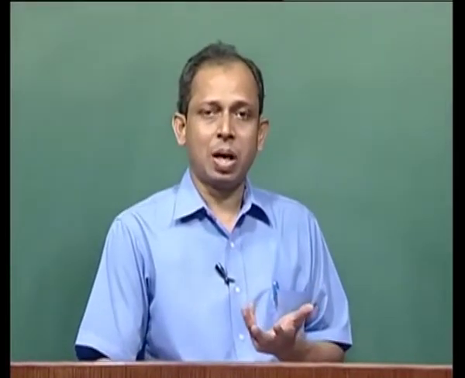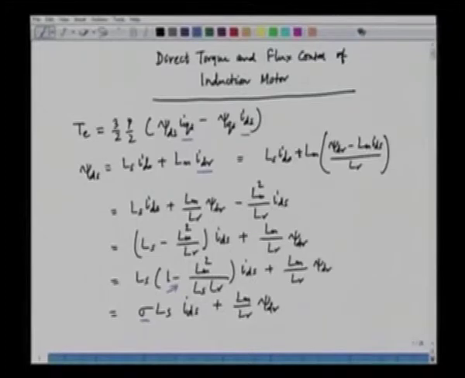So, if leakage inductances are 0, this leakage factor sigma will be equal to 0. So, the sigma indicates the amount of leakage, and in an ideal situation sigma is 0, which is a hypothetical situation. So, sigma is a small number which is indicative of the leakage inductance of an induction machine.